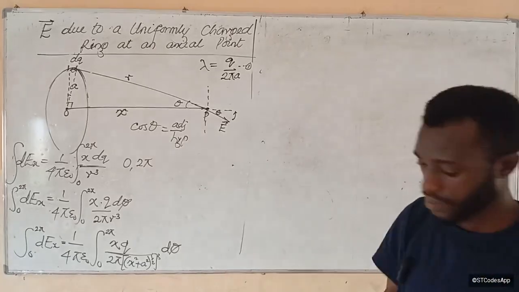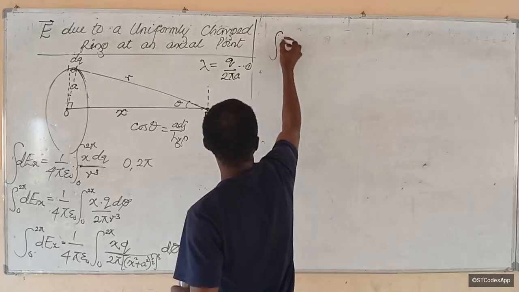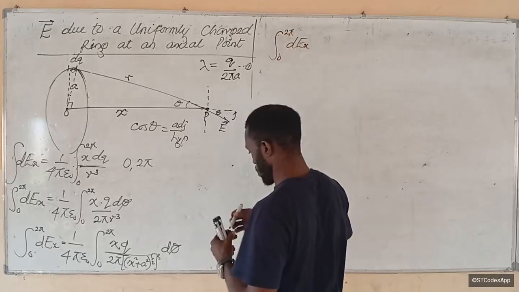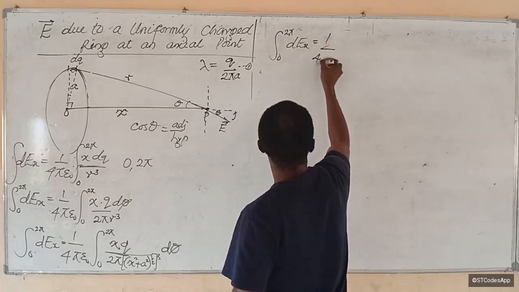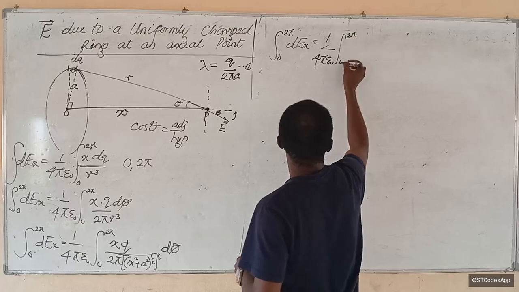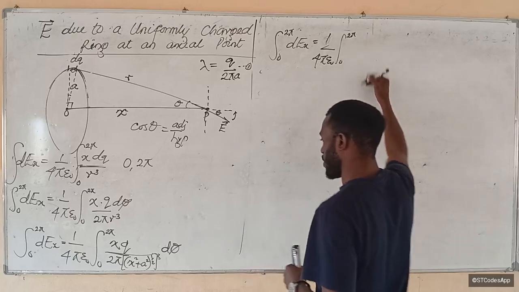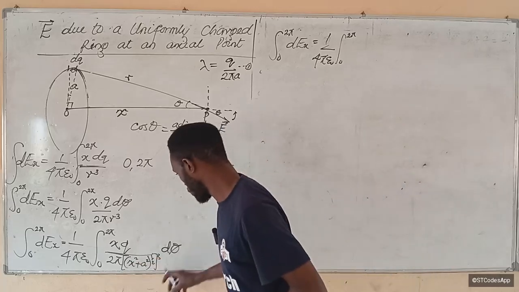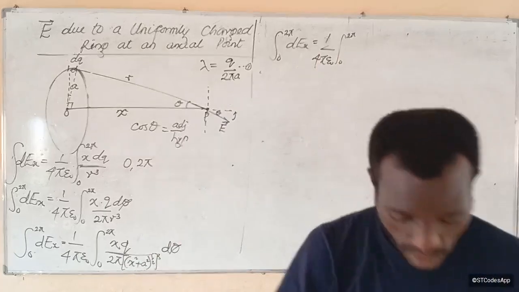So from here, I know that E_x will be equal to 1 over 4 pi epsilon naught, integral of, now we can separate, this is also going to be a constant, right? So let's bring it to this side.